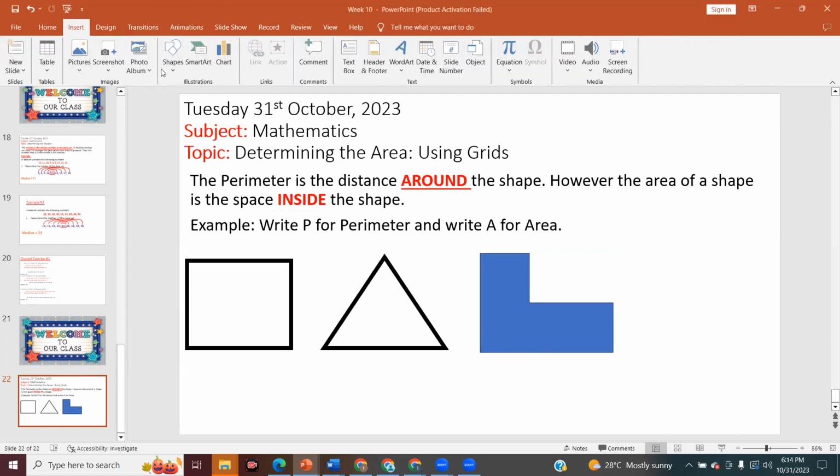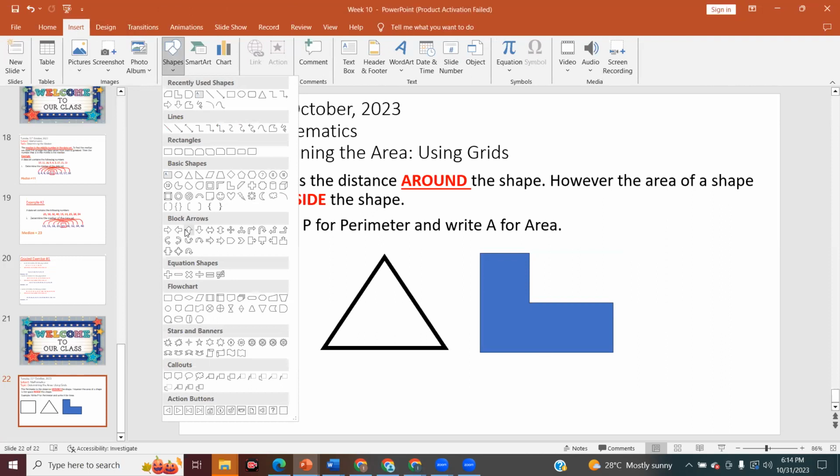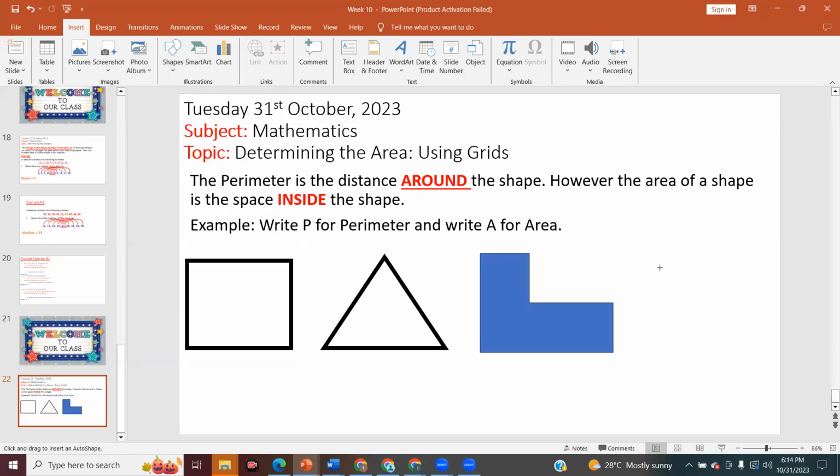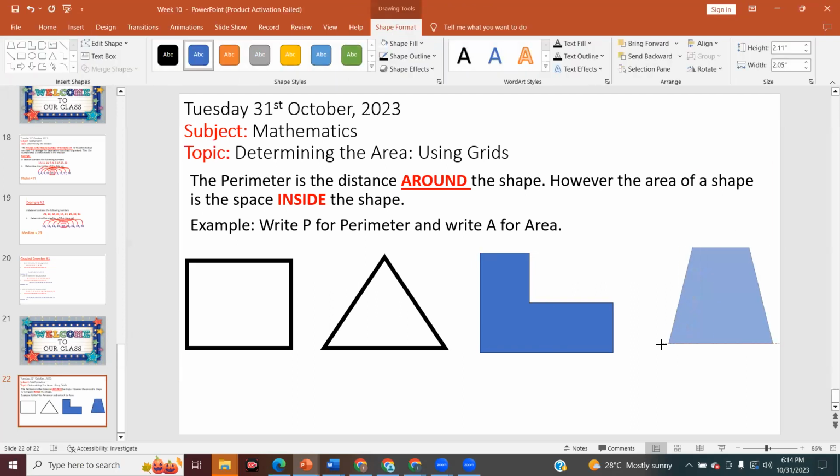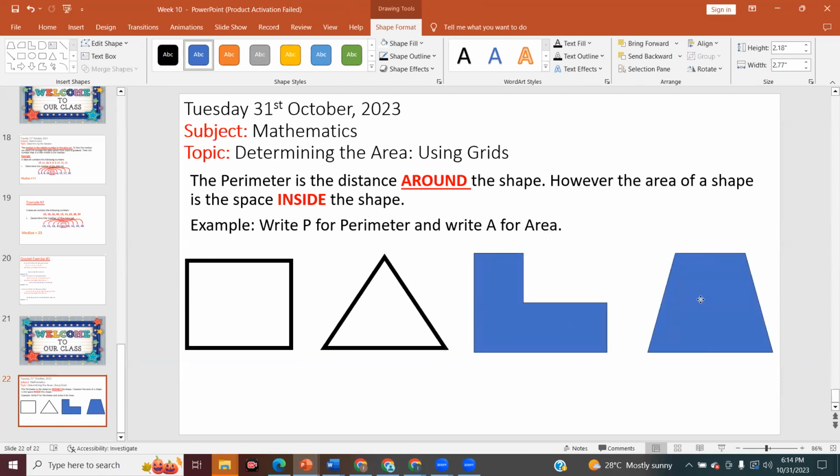Let's look at another shape. Let's say we have something like this. All right, so draw these shapes for me.